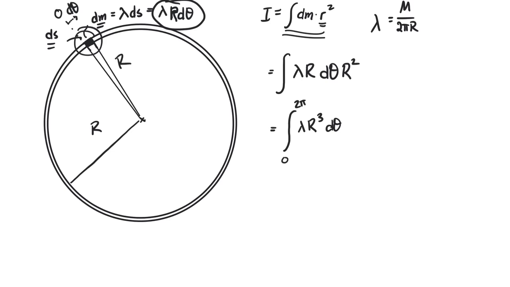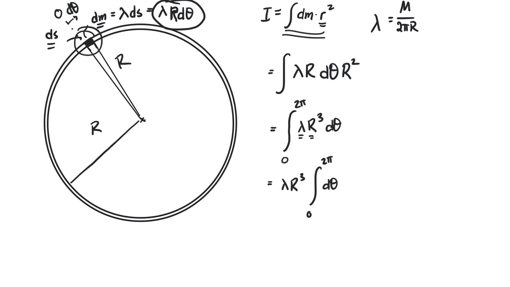Any questions yet? All right, we are quite nearly at the end of this because lambda doesn't depend on where I am in the circle and r doesn't depend on where I am in the circle. So this becomes lambda r cubed. And now my integral is just 0 to 2 pi d theta. Now this is an easy integral.